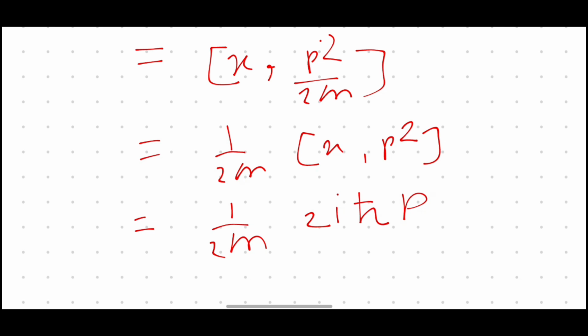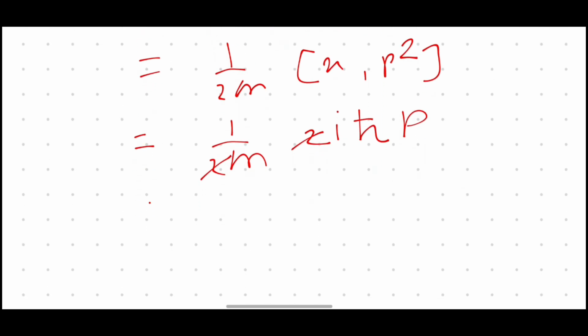So what we do is we cancel 2 from both sides. So what we are left with is i h cut p upon m, right?